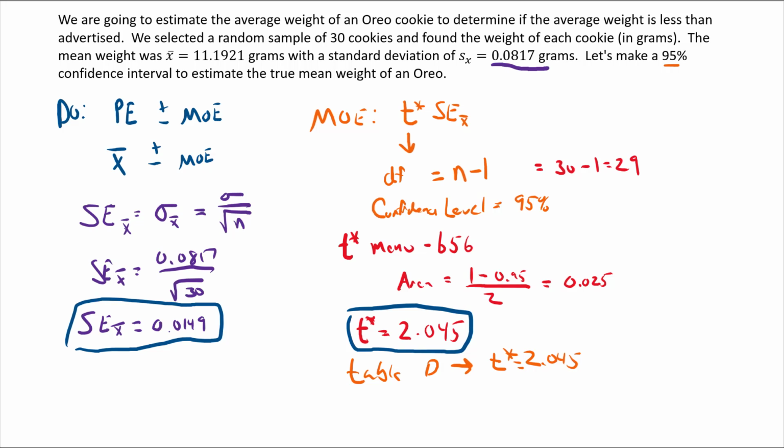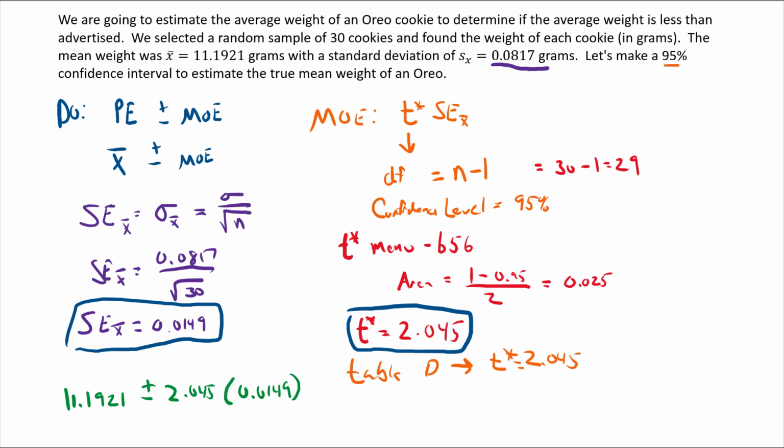So let's go ahead and write that out. For our X bar, point estimate, we got 11.1921 plus and minus our T star of 2.045 times our standard error of 0.0149.